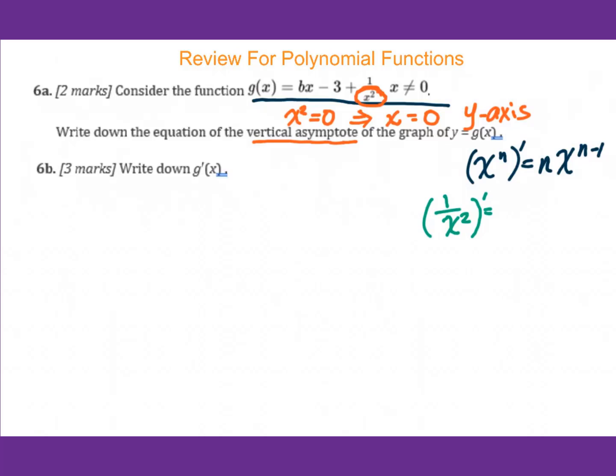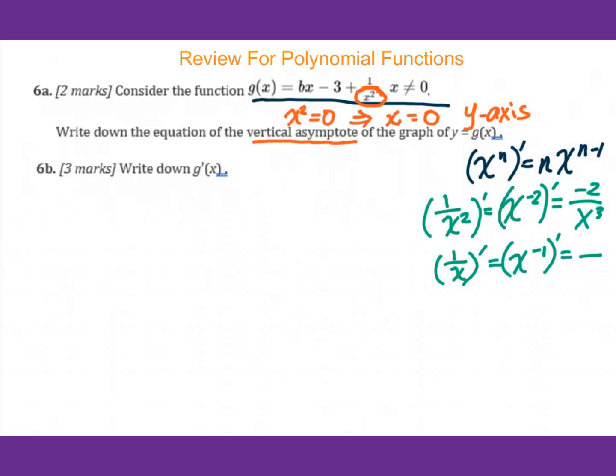You need to change this into power form, then you drop down, and you will get negative 2 over x to the third power. For 1 over x, you will get x to the negative first power, and the derivative will be negative 1 over x squared.